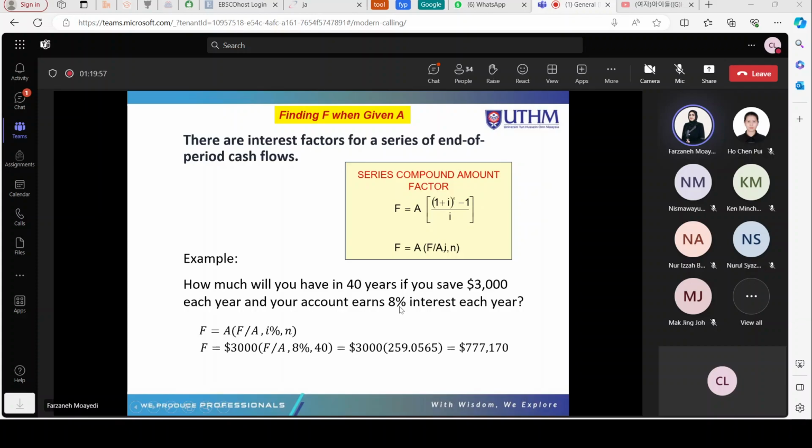So I is 8%. You have your duration, which is 40 years. And then you have 3,000, which is written as saving 3,000 each year.